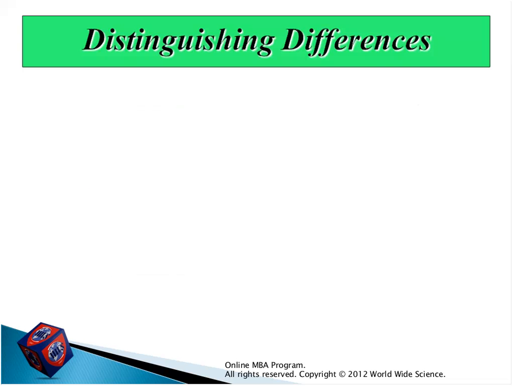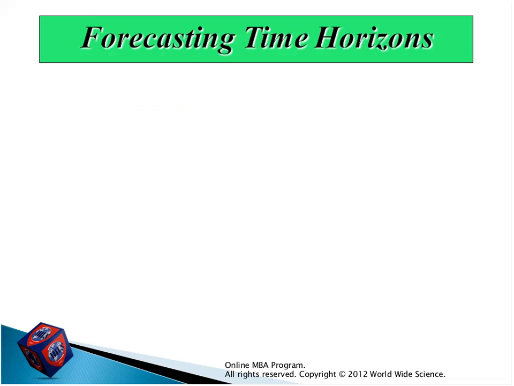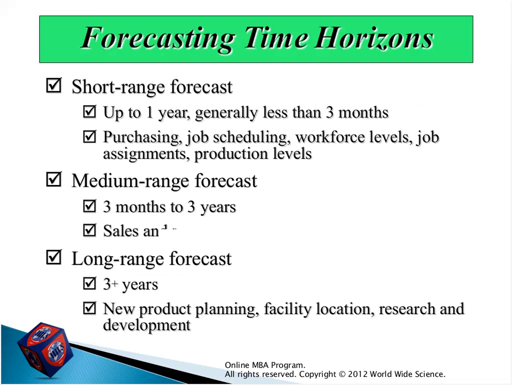For example, if you want to plan for your purchasing, if you have plan for job scheduling, it's better to use the short range forecast. It's better to forecast 1 month later or 2 months later. If you want to plan for the sales and your production, it's better to use the medium range forecast.